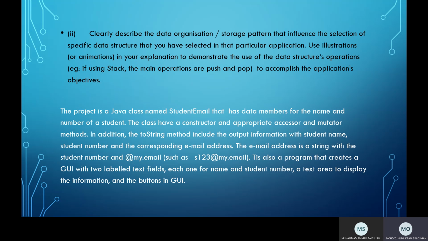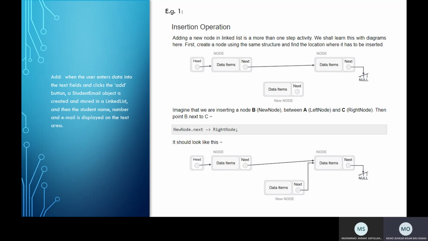@my.email. So this is also a program that creates a GUI with two labels and text fields, each one for names and student number, a text area to display the information, and the buttons in the GUI.